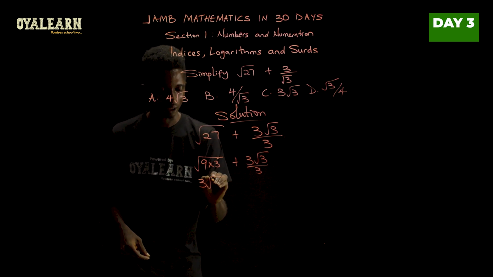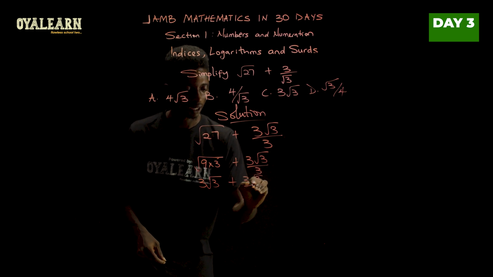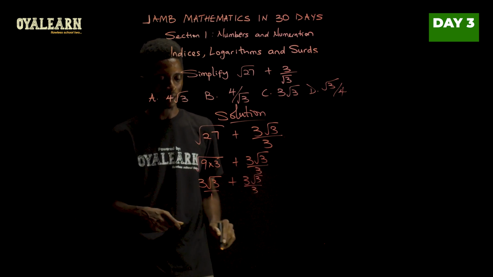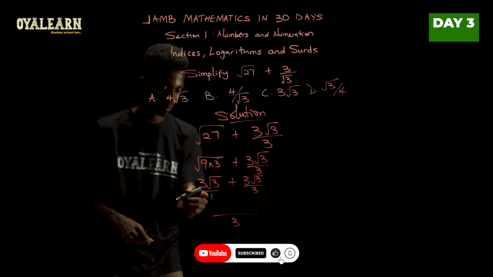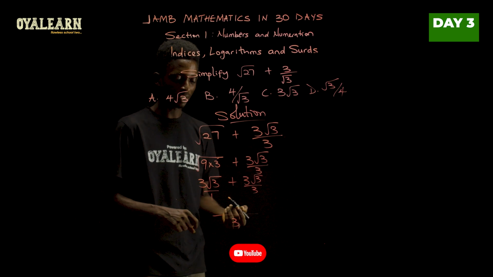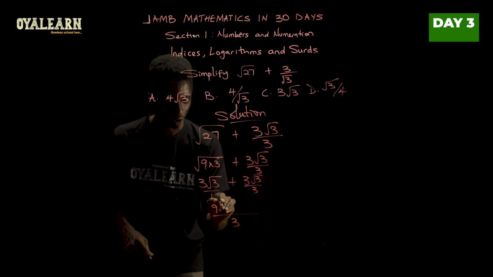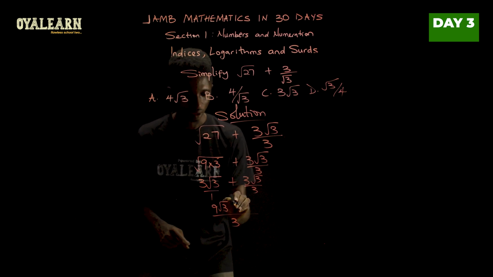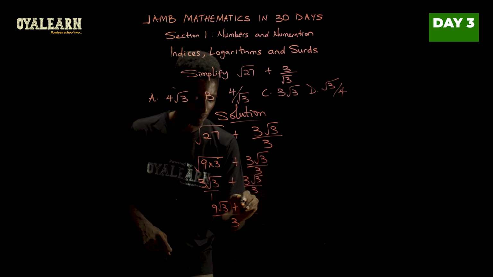So 3 surd 3 plus 3 surd 3 over 3. So this can be written as over 1. When you take LCM, that will be 3. 1 and 3, that's 3. 3 times 3, that is 9 surd 3. Plus 3 here, 1 times this remains 3 surd 3.